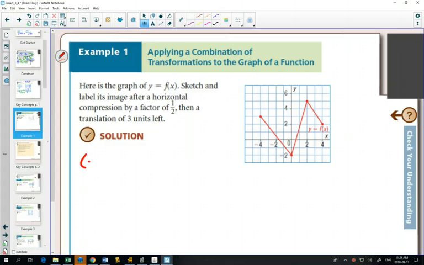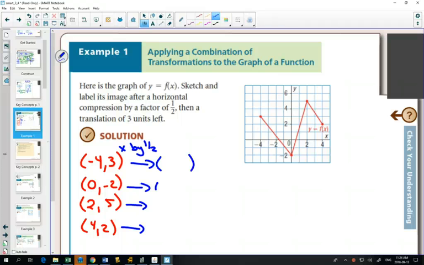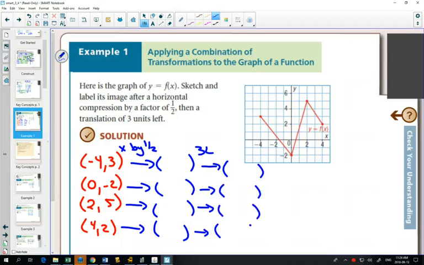I'm going to label the points that are on there: (-4, 3), (0, -2), (2, 5), and (4, 2). Draw two sets of arrows because we have a horizontal compression, so that means x is getting multiplied by half, getting a new point. And then 3 units to the left, so we have to do those separately.